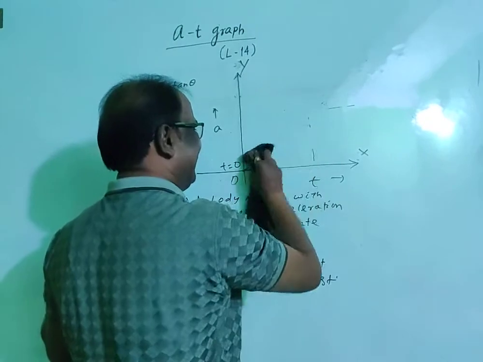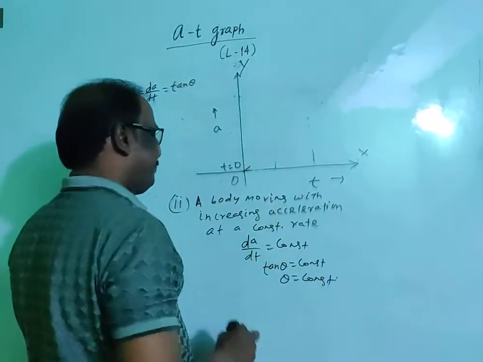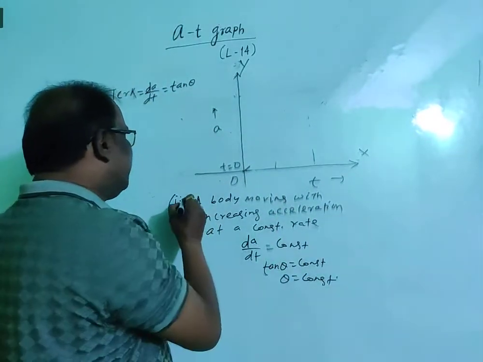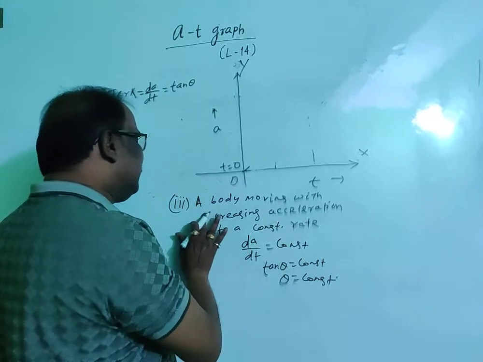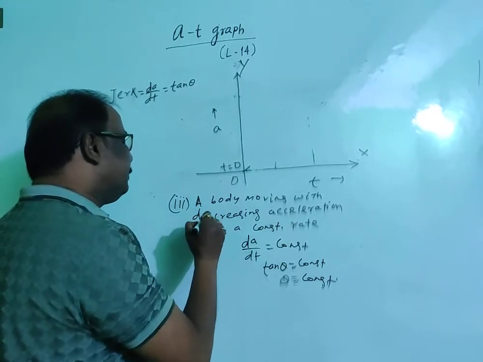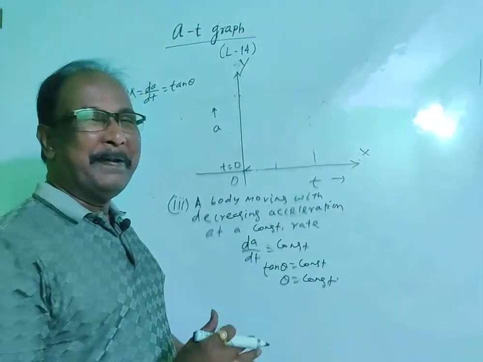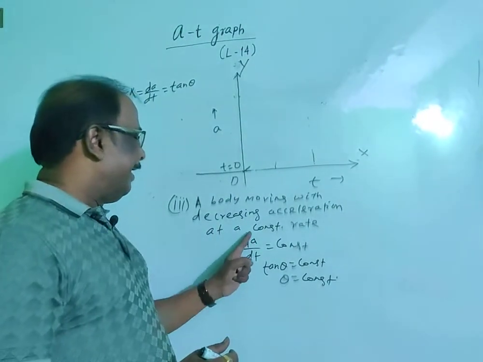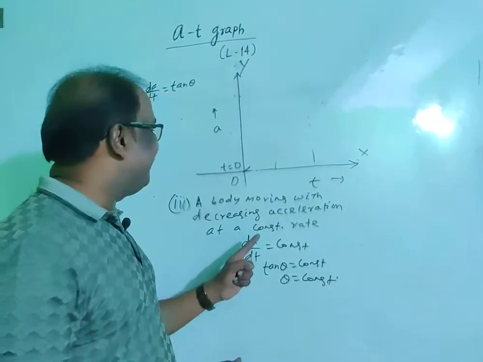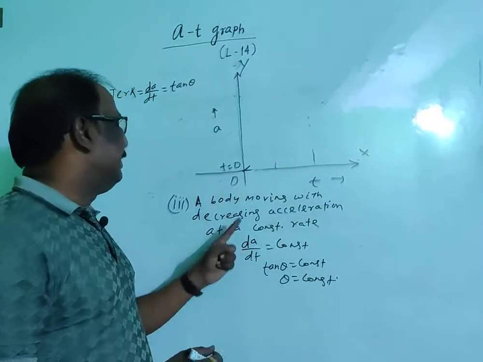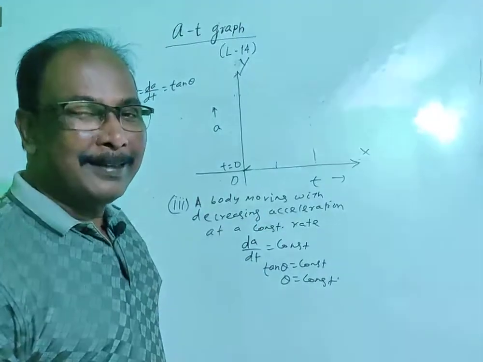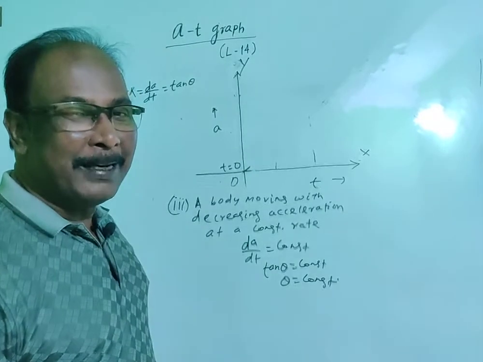Next. The third case: a body is moving with decreasing acceleration at a constant rate. Again, dA by dt is the rate of change of acceleration.